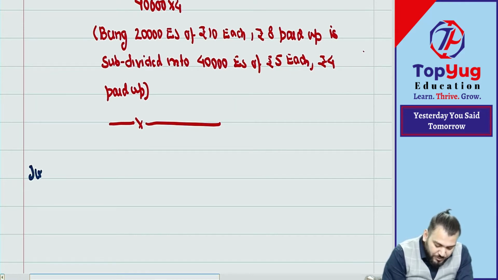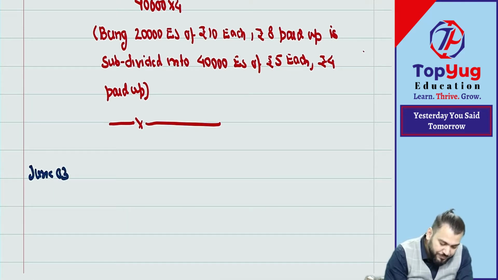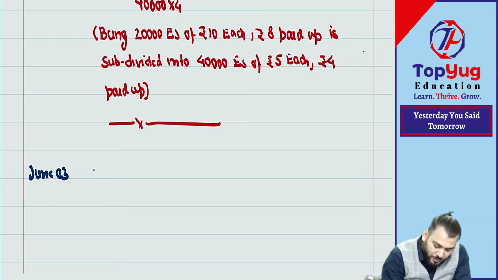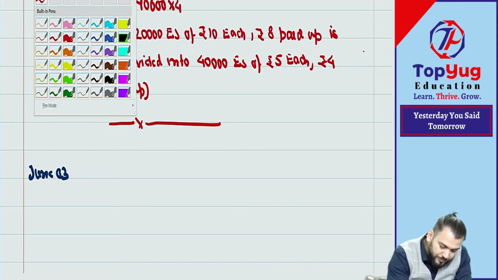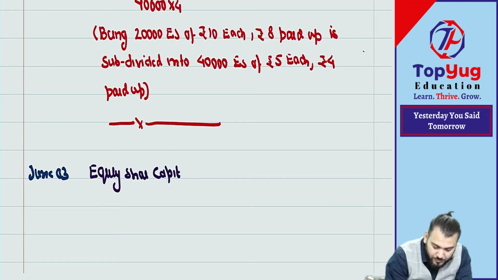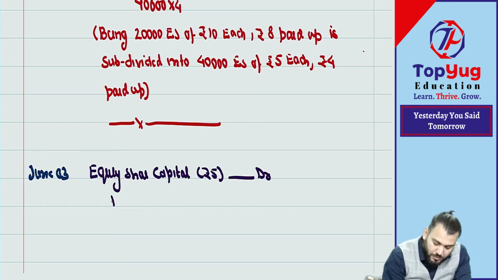Then June 2003, the next year we need to do. So now write down equity share capital of rupees 5 will be consolidated into equity share capital of rupees 100.